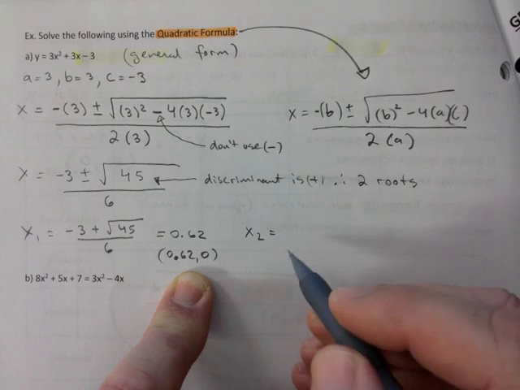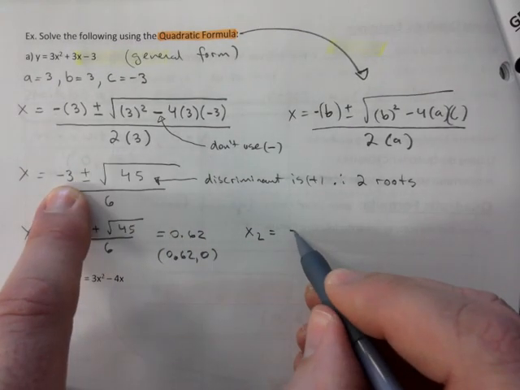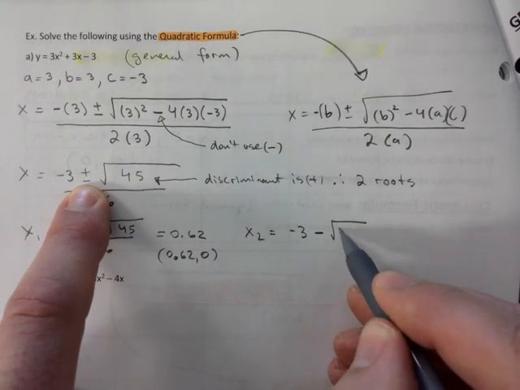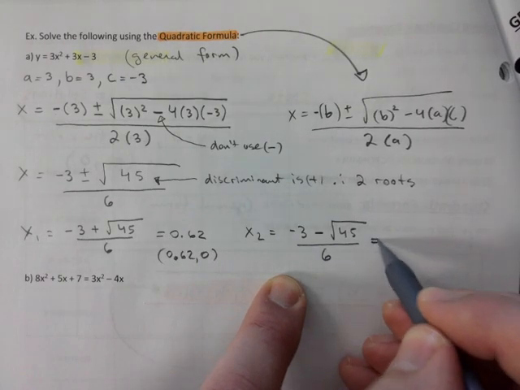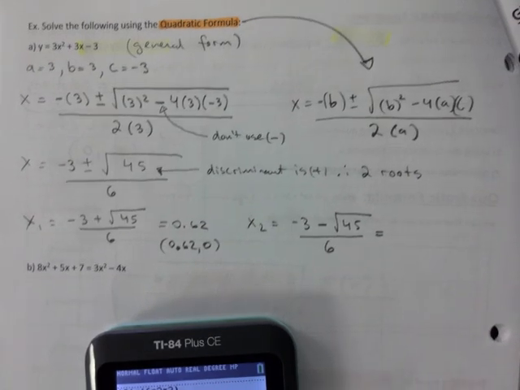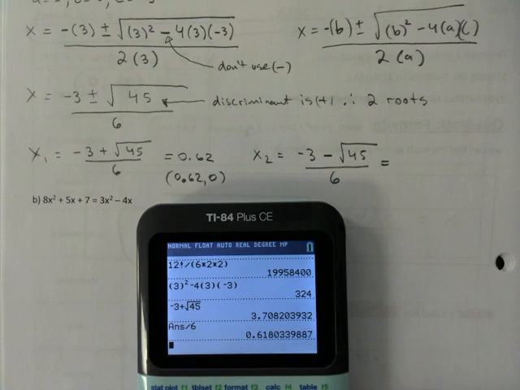x2, my second x-intercept, I go back to the original, I go negative 3 minus, right, minus root of 45 divided by 6. And if you like copy paste, this is the way to go here. I'm going to show you the shortcut. Okay. So I just go up to this previous line right here.